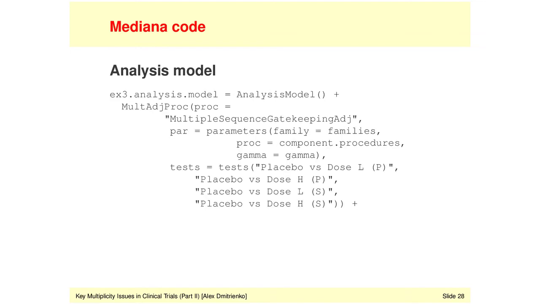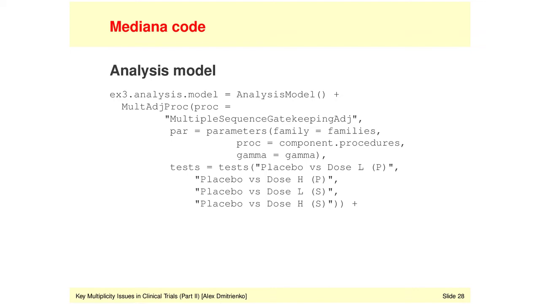The components we have defined on the previous two slides are combined on this slide to set up the analysis model for example 3. We begin with an empty analysis model, and then we're going to add the components. The main component which is added on this slide is the multiplicity adjustment.